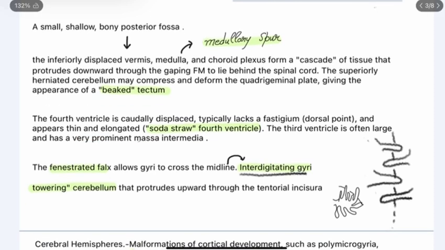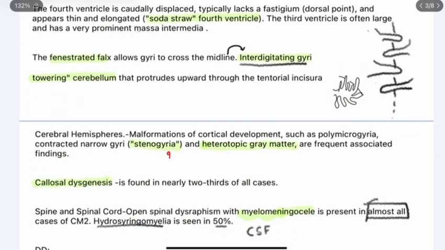Another finding that we see is that the falx is mostly fenestrated. This leads to interdigitating gyri. Also, through the tentorial incisura, the cerebellum can be seen herniating upwards. This is known as towering cerebellum. Some cortical malformations can also be seen, such as polymicrogyria and contracted narrow gyri, that is stenogyria.